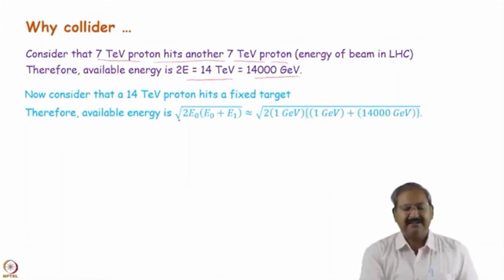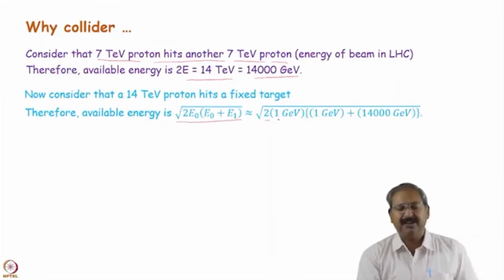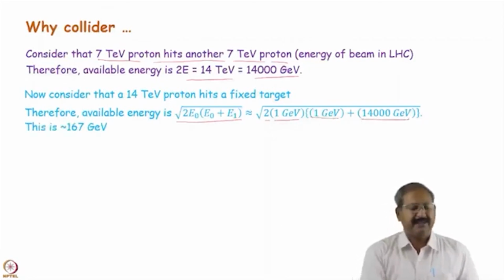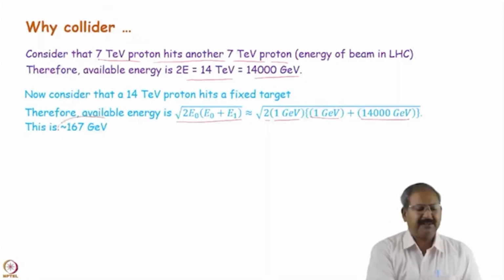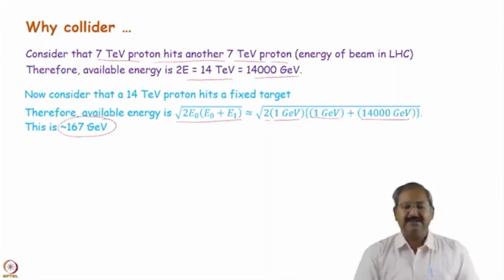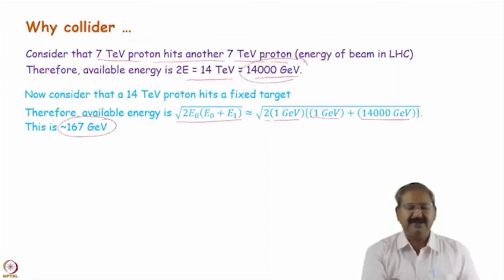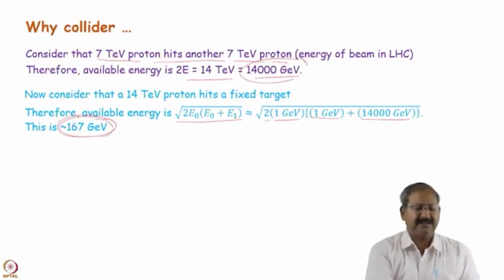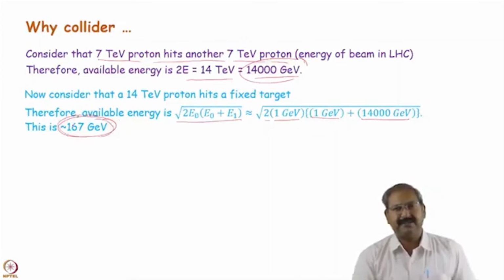The available energy we can calculate using this formula: 2 times 1 GeV, taking 1 GeV as the rest mass energy of the proton, times (1 GeV plus 14,000 GeV). It comes out to only 167 GeV. So instead of 14,000 GeV, we are getting only 167 GeV in the fixed target experiment.